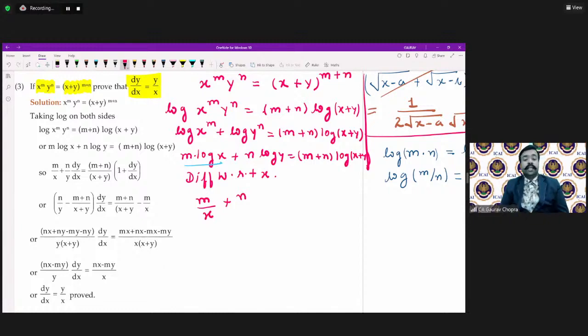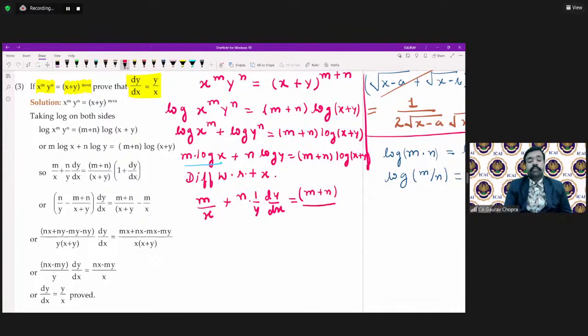Now log of y, the derivative of log y is 1 upon y, then dy by dx, because we are differentiating with respect to x, and whenever there is y, we differentiate y and after that we write dy by dx. This is equal to m plus n, which is again a constant. And we have to find out the derivative of log of x plus y.